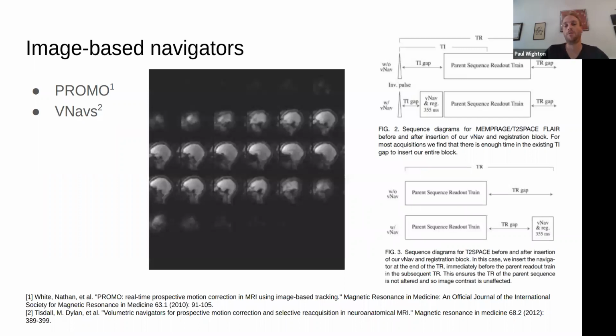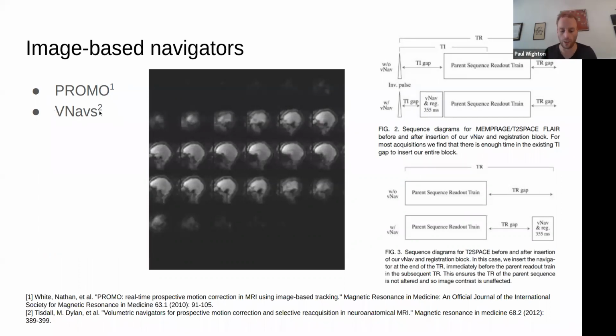More recently, people have started moving away from k-space-based navigators to image-based navigators. I would say the advantage of k-space-based navigators is they're shorter. For example, here, this is from the VNav paper. These are image-based navigators.